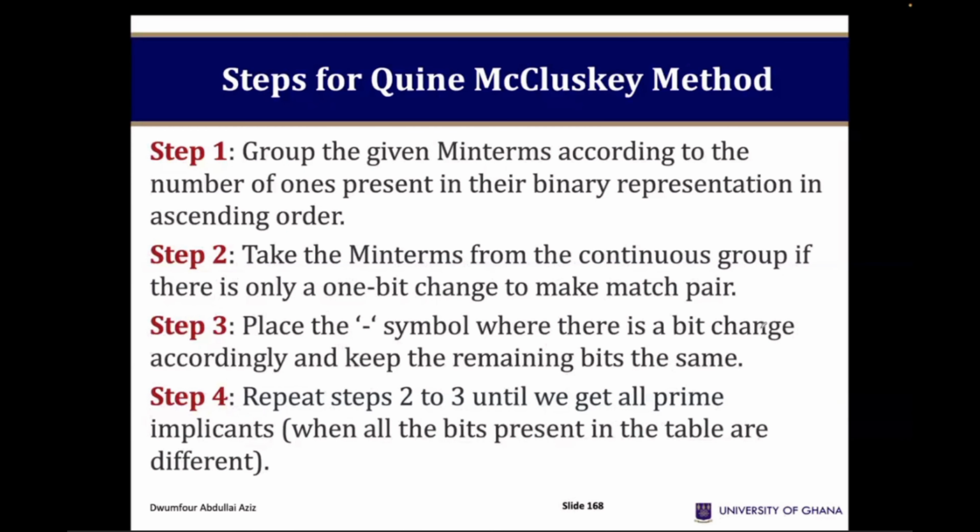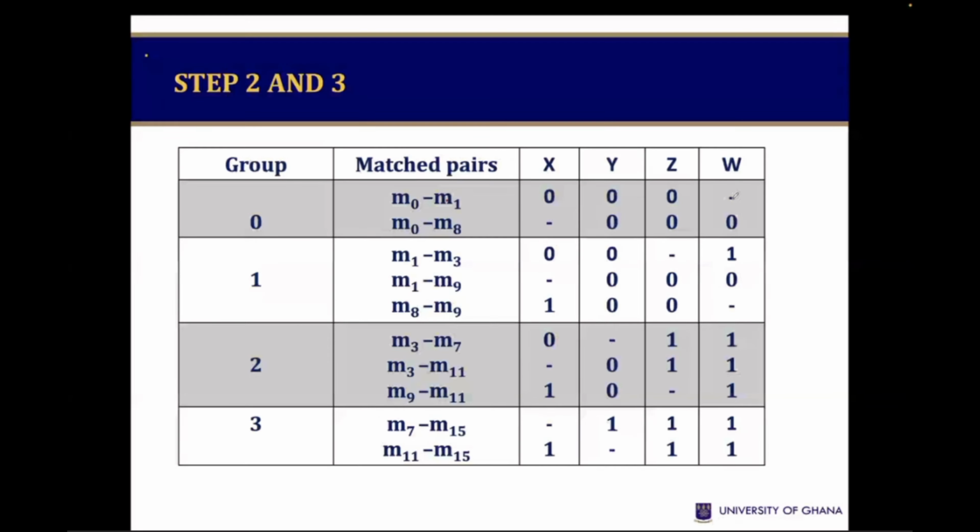So where there is a bit change, we put a dash there. The remaining bits that are common among the two, we keep them the same. We only put dash where the 2 bits differ.